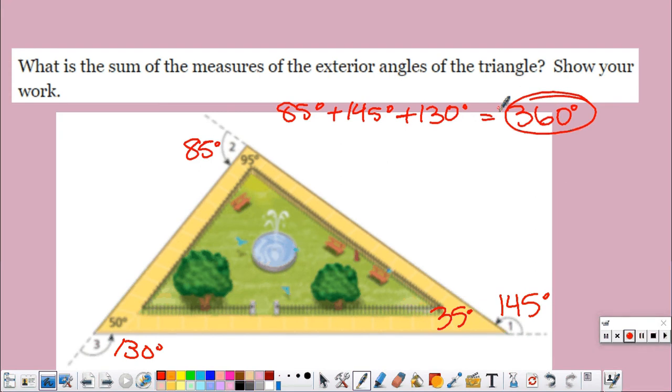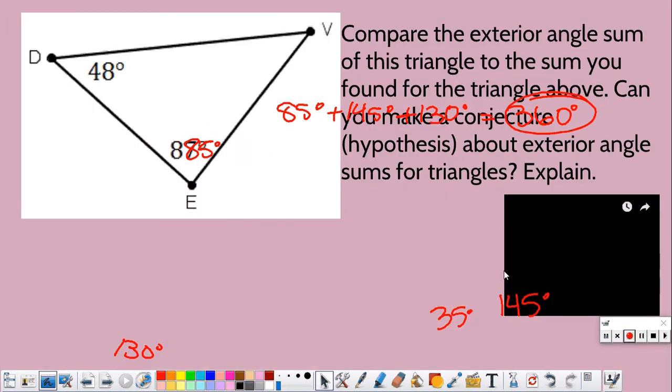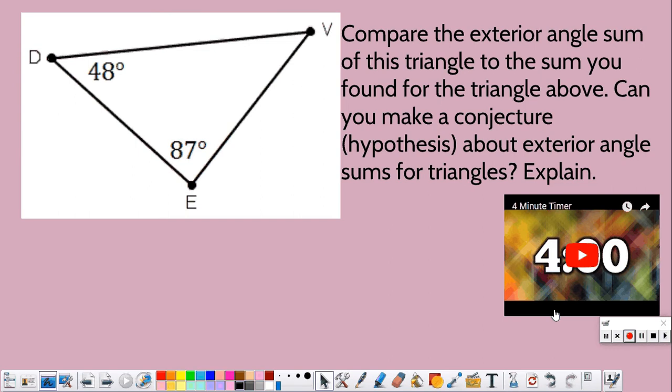So what? Okay, let's see if it works for another triangle. Let's see what we get. So now I want you to compare the exterior angle sum of this triangle to the sum of the first triangle. Again, I want you to find the sum of the exterior angles.